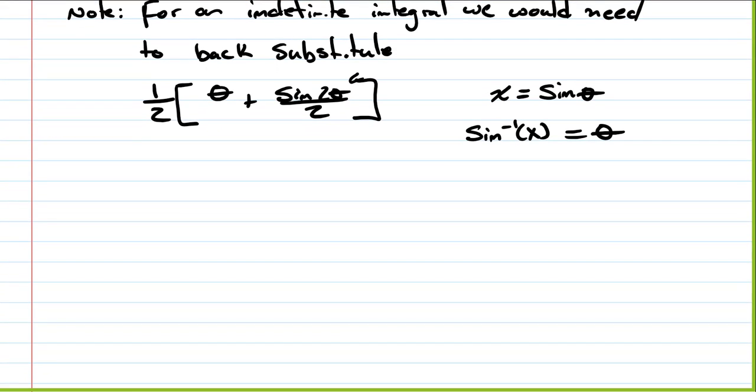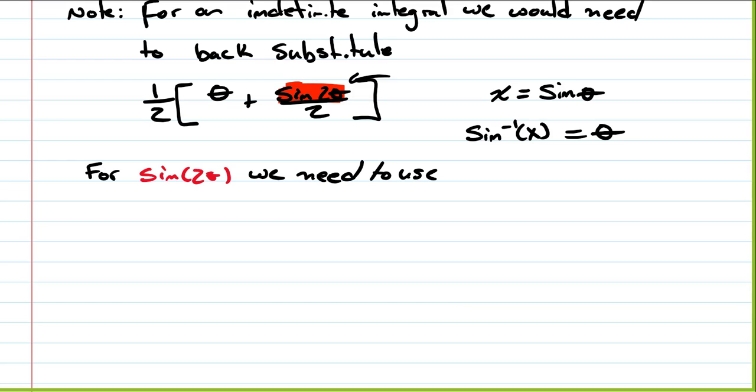But we still have to deal with this piece. So for sine 2 theta, we need to use the double angle identity. The fact that the sine of 2 theta is equal to 2 times sine theta cosine theta.